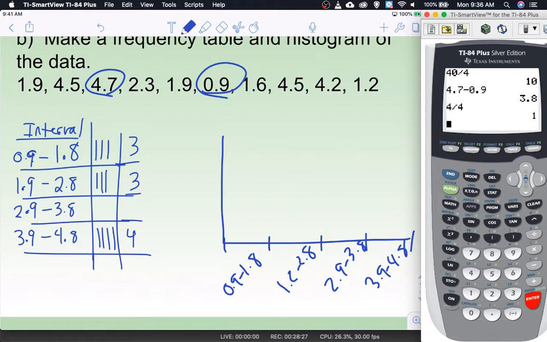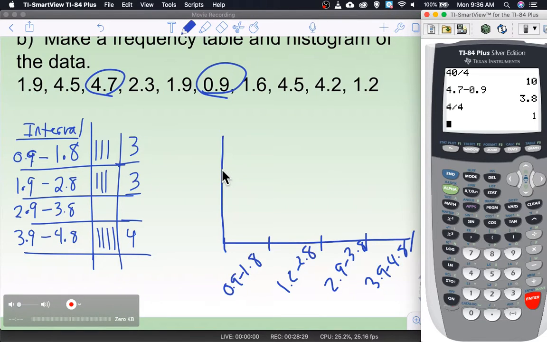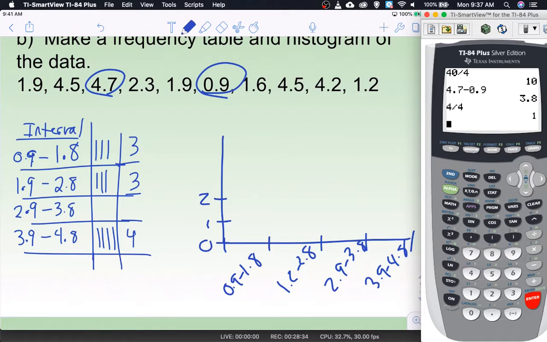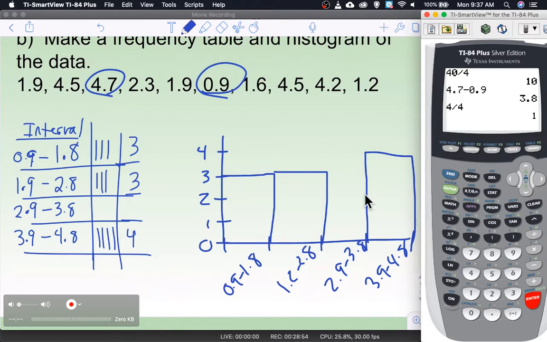My scale only has to go up to 4 on my y-axis here. So 0, 1, 2, 3, 4. And now my histogram would look like this. Oh, that was terrible. Holy cow. Better, I guess. Boom. Nobody. And then 4. Histogram of the same set of data. It shows dispersion. It shows most things happen in this category here, where nothing happened in that section of the data there.